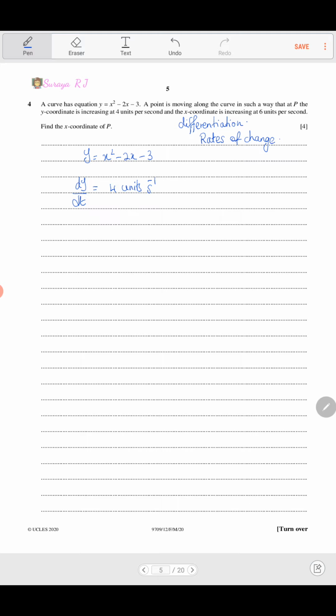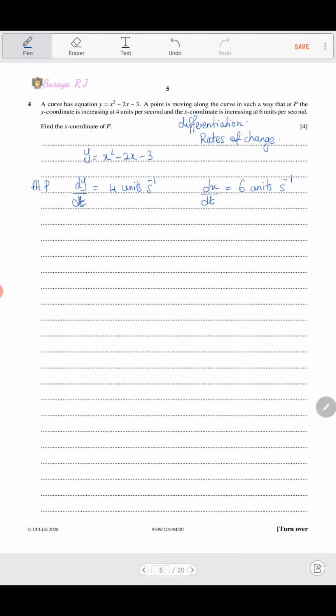And at P, the x-coordinate is increasing at 6 units per second. So we have the rate of increase of x at P. So at P we know dy by dt, and we also know the value for dx by dt, the rate of increase of x. This is dx by dt, which is 6 units per second.